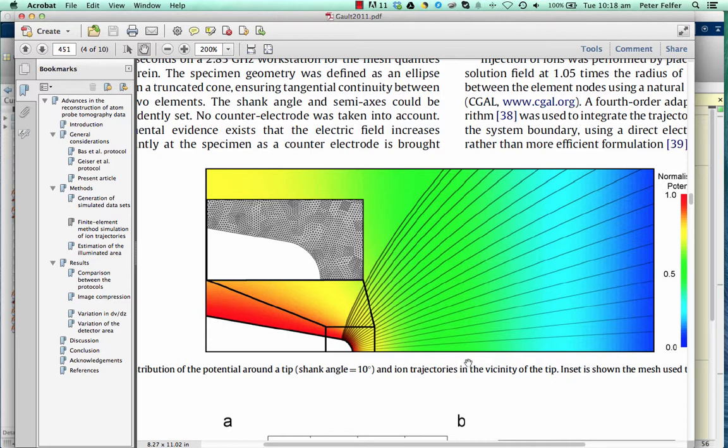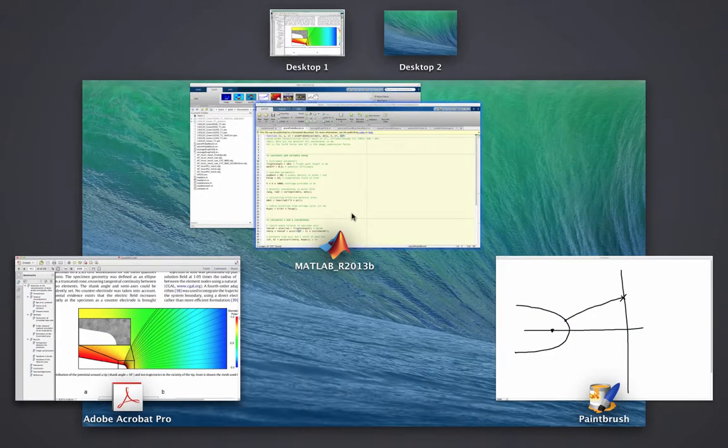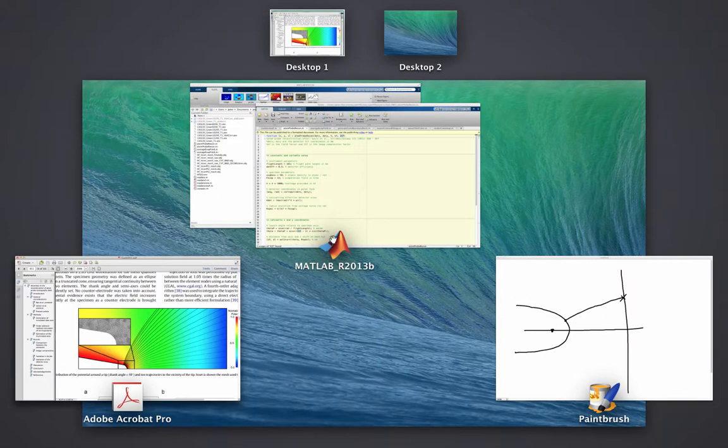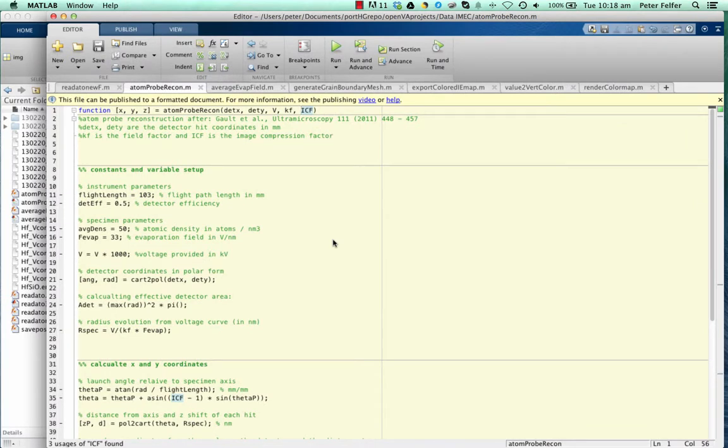What the image compression factor assumes is that, depending on the launch angle, linearly increasing with the launch angle, we have a compression of the angle, so that the compression of the angle is proportional to the launch angle. Again, this may or may not be true, and this may or may not change during the course of your experiment, but that's what we've been using for years and years and years, and it's been working fairly well.